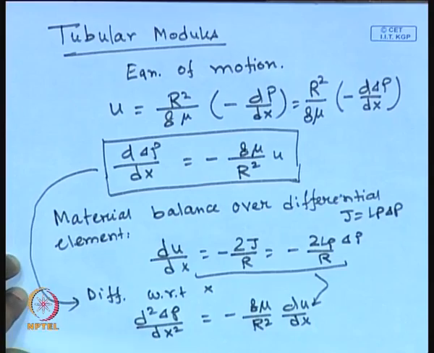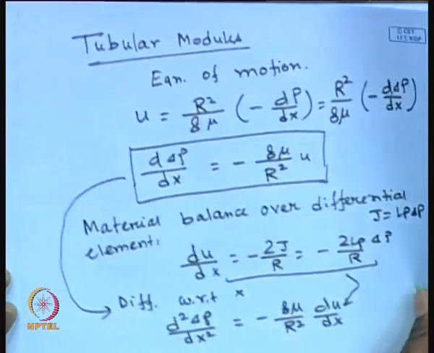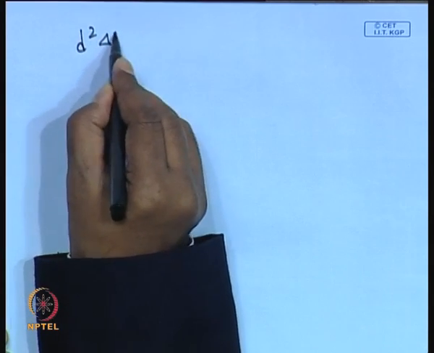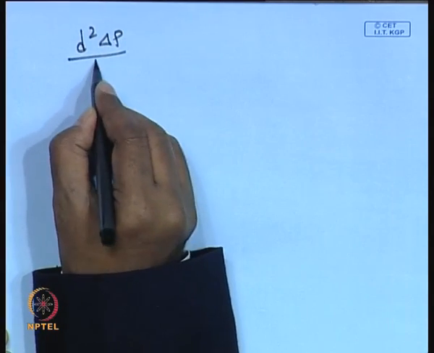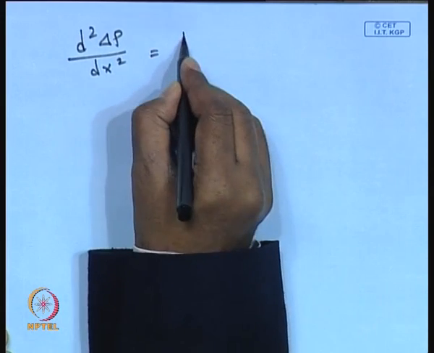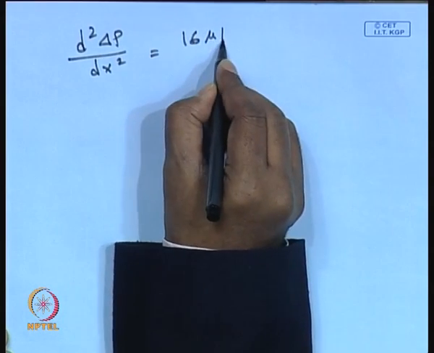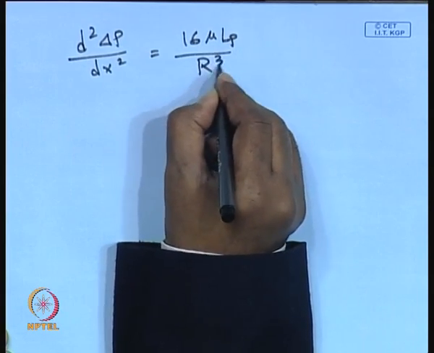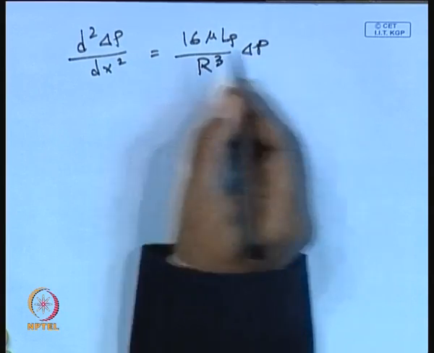So we are going to write down the expression of transmembrane pressure drop in case of the tubular module: d square delta p dx square becomes 16 mu Lp over r cube times delta p.